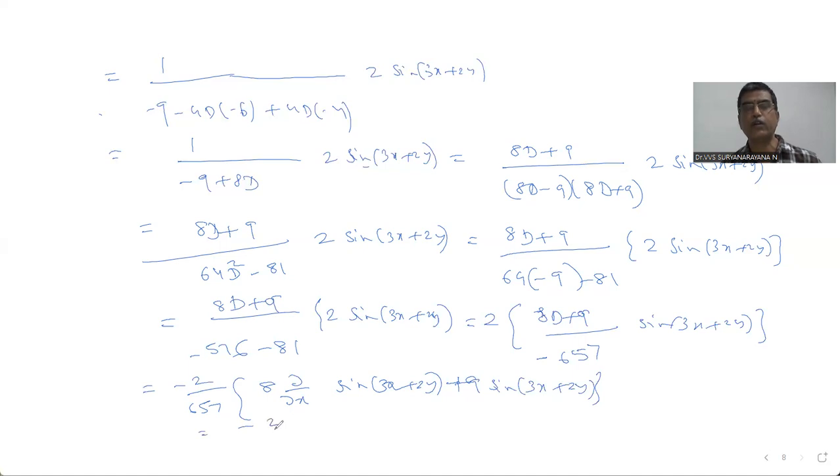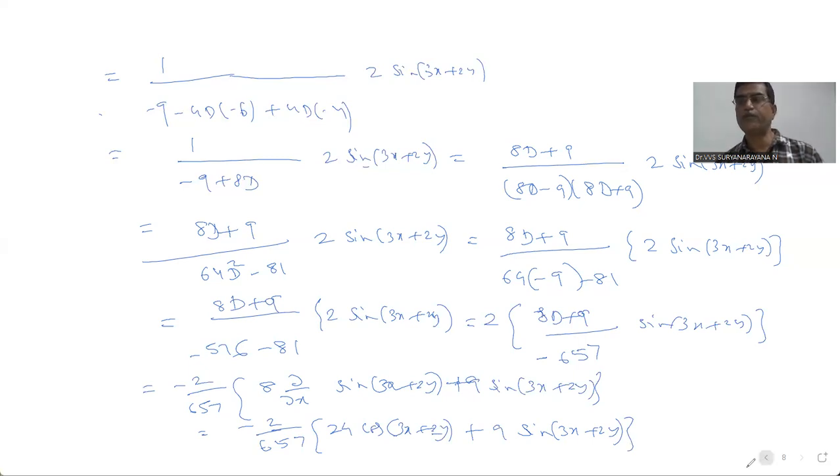So we will get minus 2 by 657 into 8 times 8 into 3, 24 times cos 3x plus 2y plus 9 times sine 3x plus 2y. So this is our particular integral.